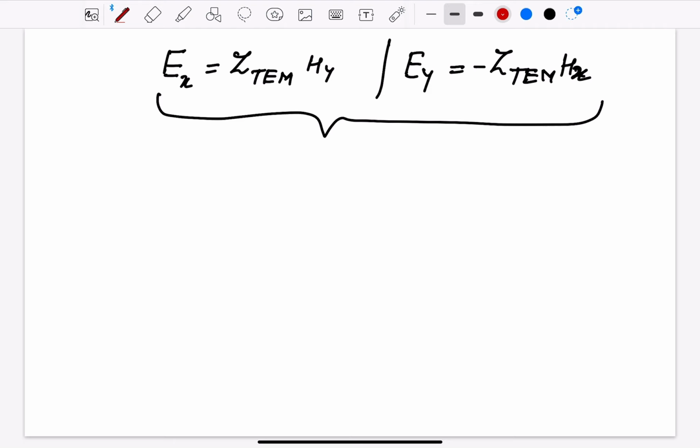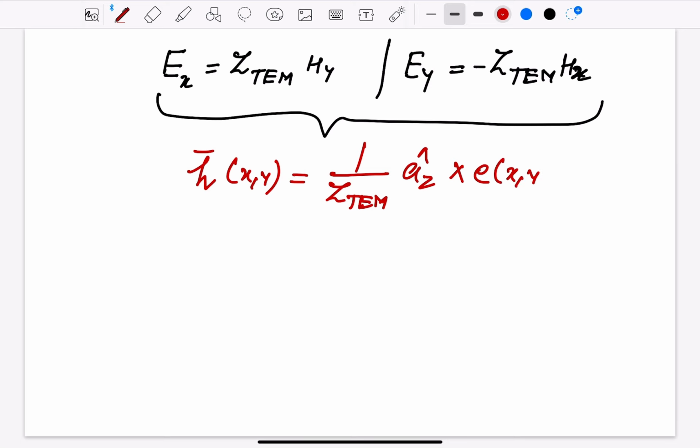We may write H of x, y is equal to 1 over Z TEM times az cap cross curl of E of x, y. So hopefully you remember these parts, H and E.